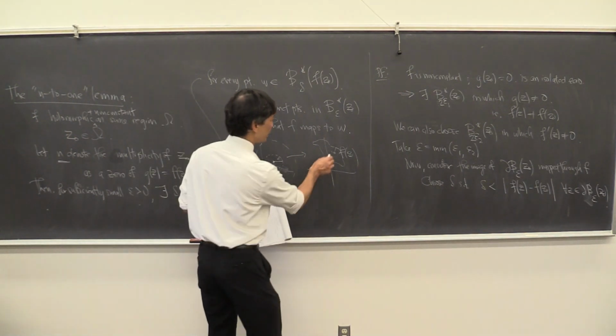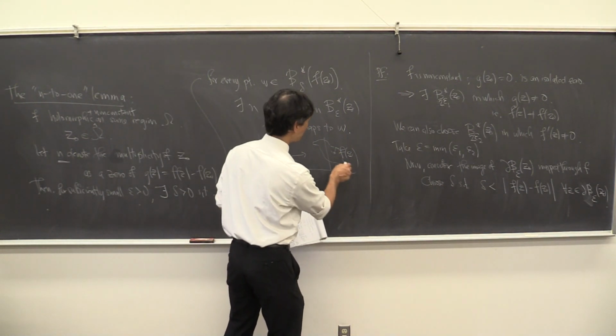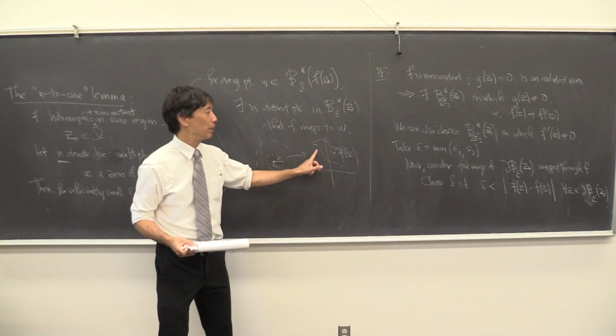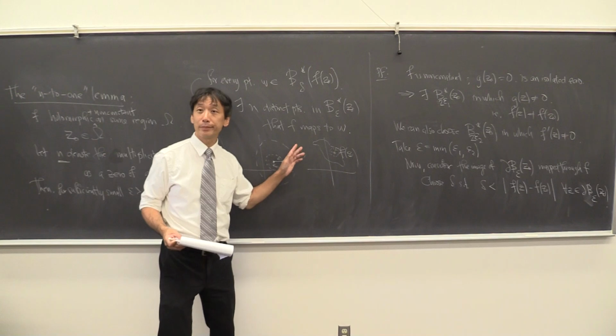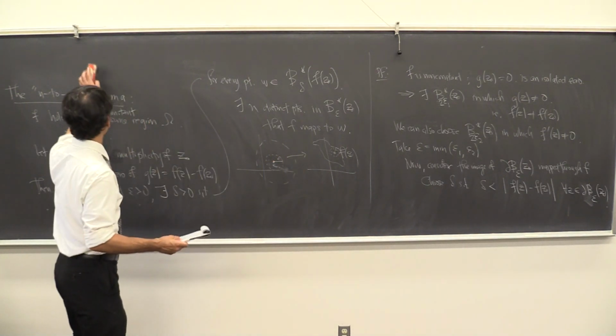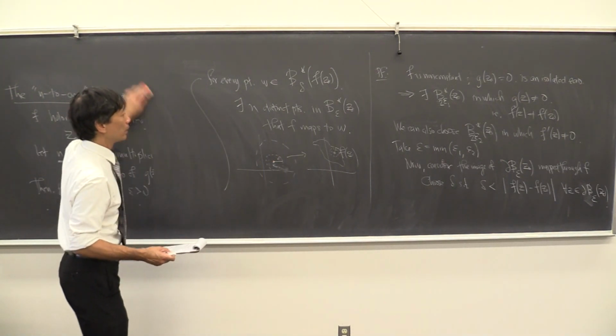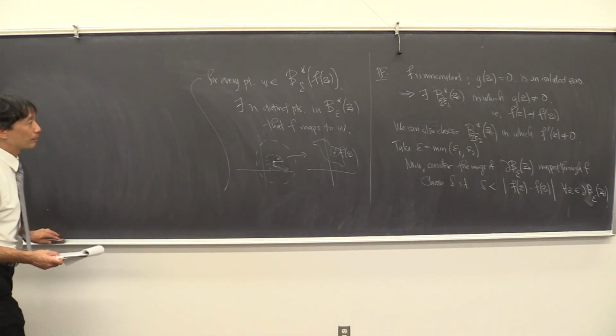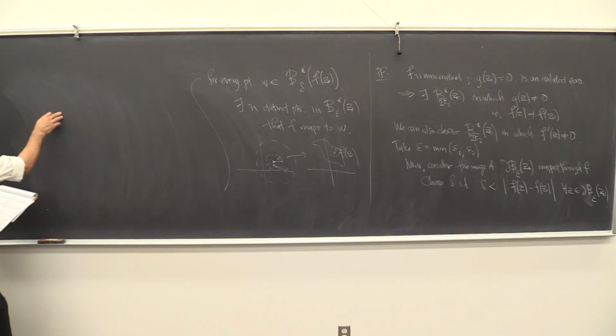So we take some delta that's smaller than the distance to the image of the curve.